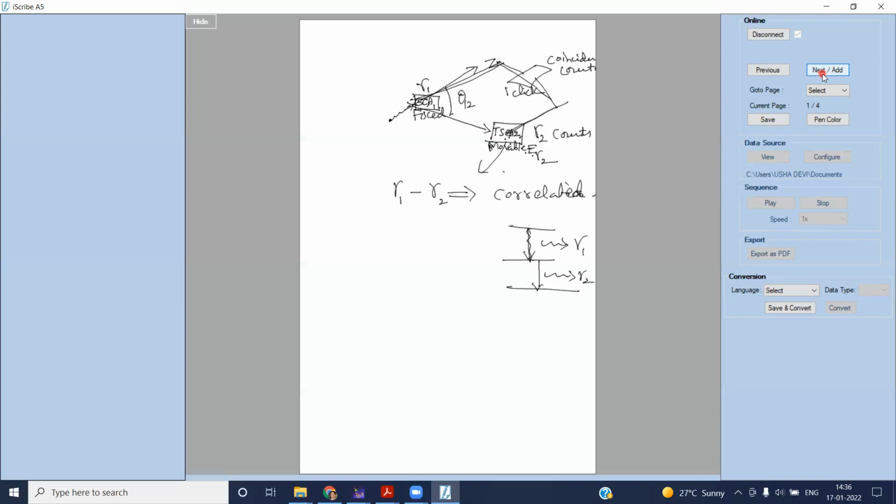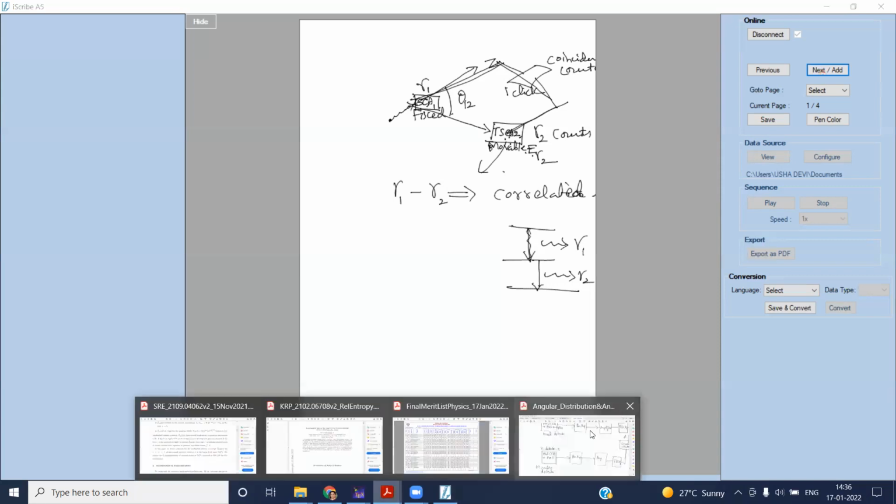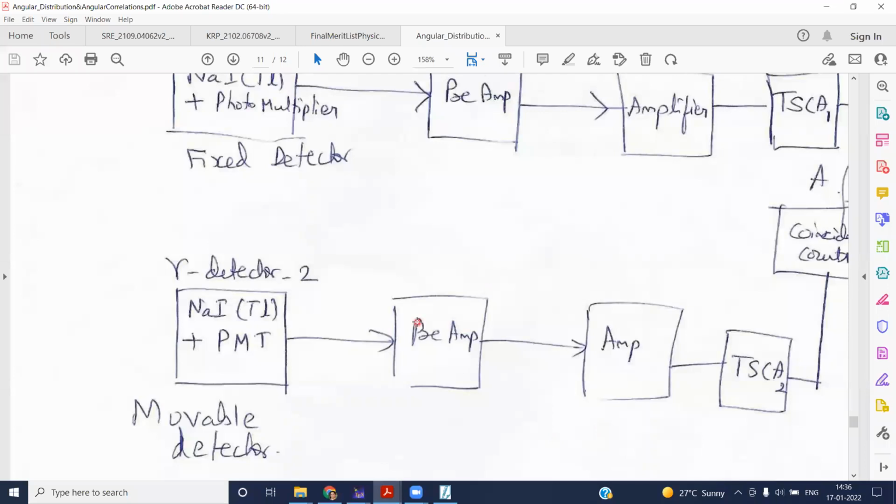That's what a coincidence count tells me: that I have a cascade gamma decay and cascade particle 2 is making an angle theta 1. That is the kind of setup that I have. With this arrangement ensuring that gamma 1 and gamma 2 are in coincidence, they are detected.